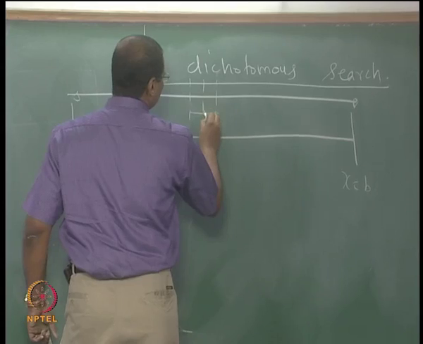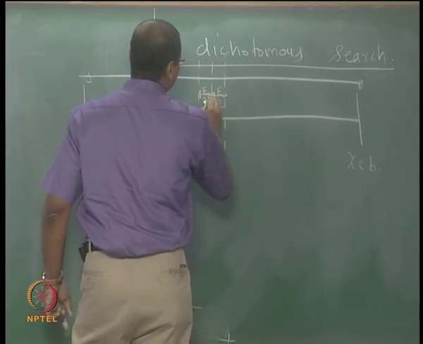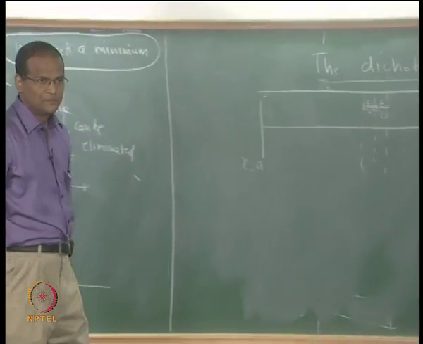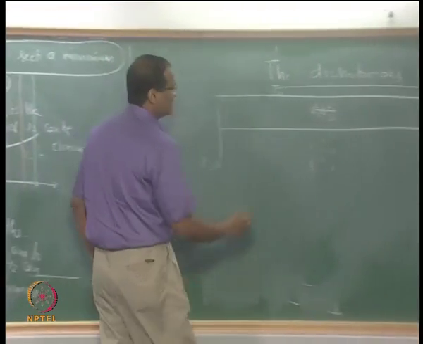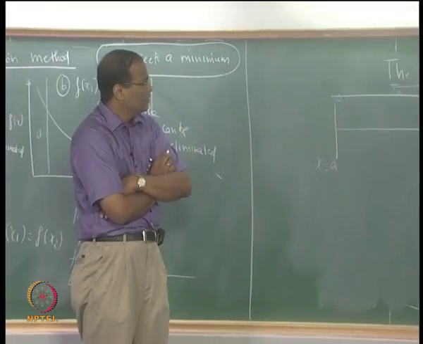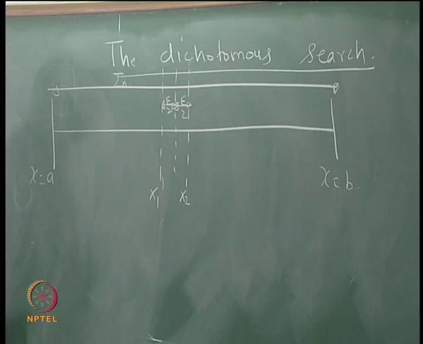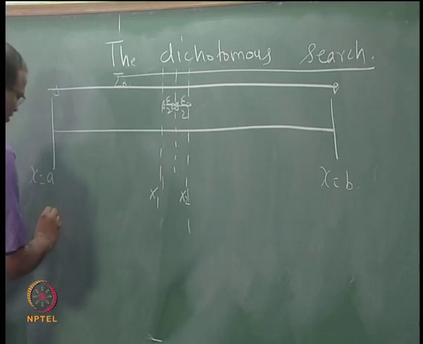These 2 points are at a distance epsilon by 2 from the center. This is x1, this is x2. Now that epsilon can be made very small. Now what is this?